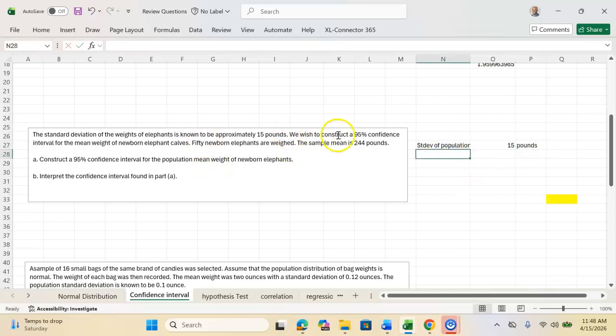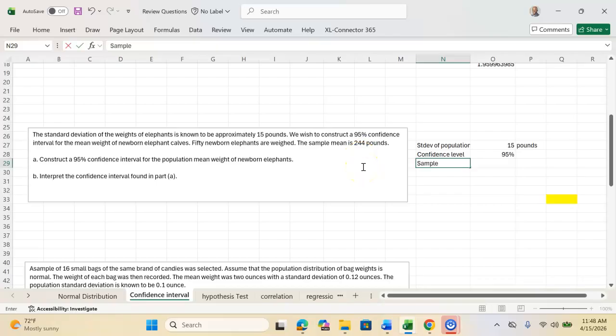Another piece of information: we wish to construct a 95% confidence interval, so the confidence level is 95%. And we want to construct the confidence interval for the mean weight of newborn elephant calves.